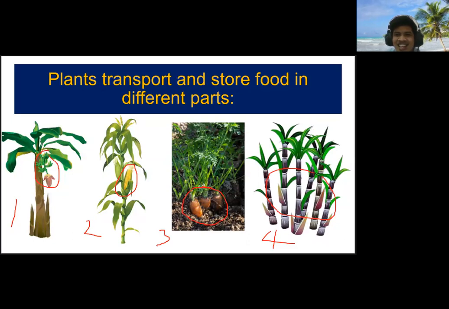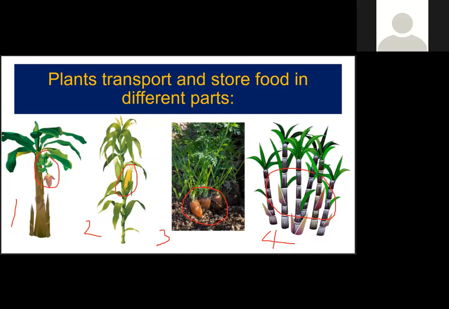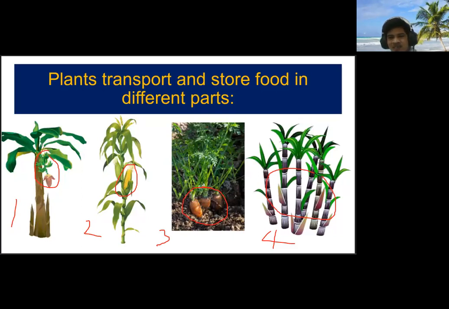Is it transpiration? Transpiration is when water leaves the stomata, and that is the job of the xylem. But close to that, it also starts with trans.